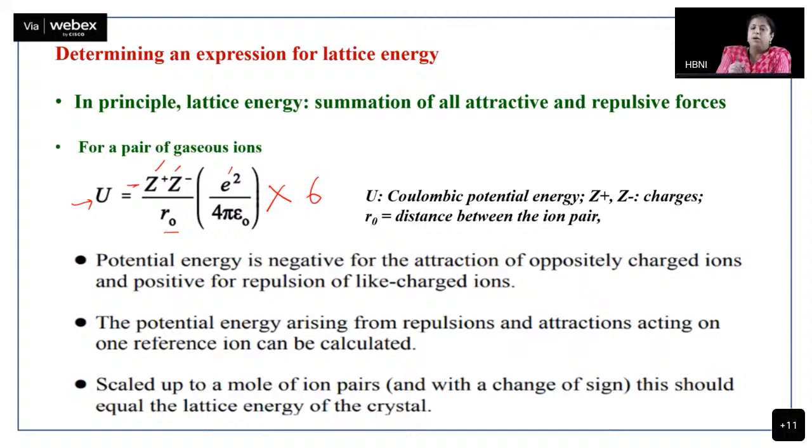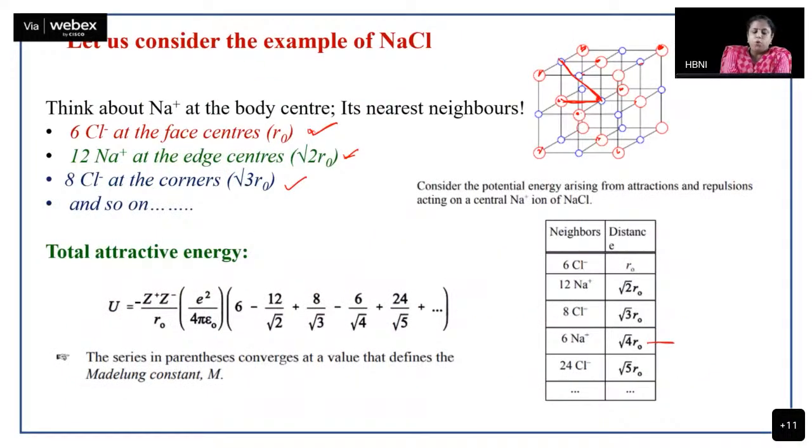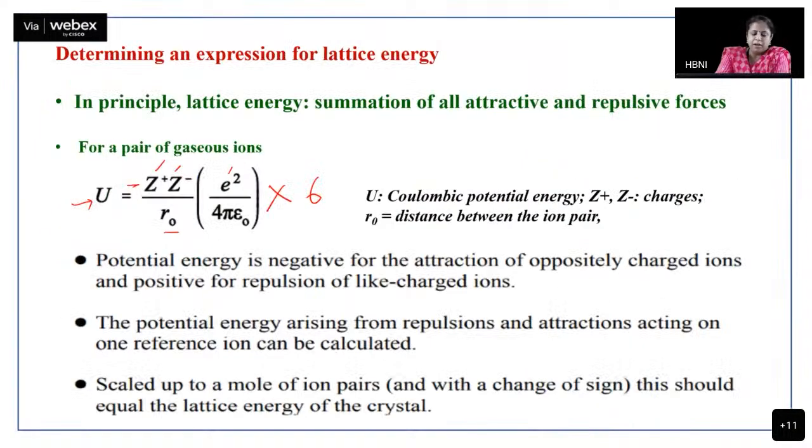Now, the next nearest neighbors are 12 Na plus at the edge centers. Now this I'm calculating for my center Na plus. So this Na plus would be repulsive. And my distance is now root 2 R naught, and then this multiplied by 12. And this is positive.